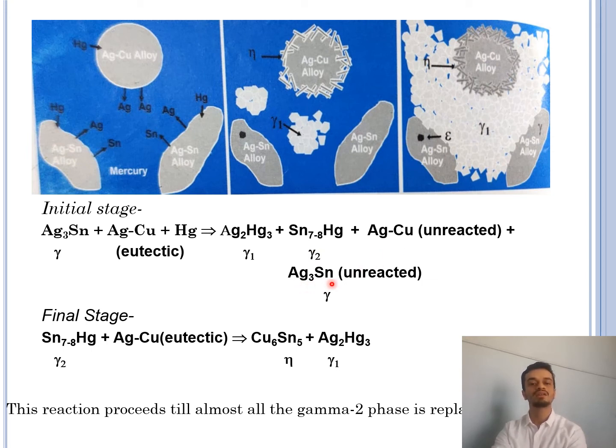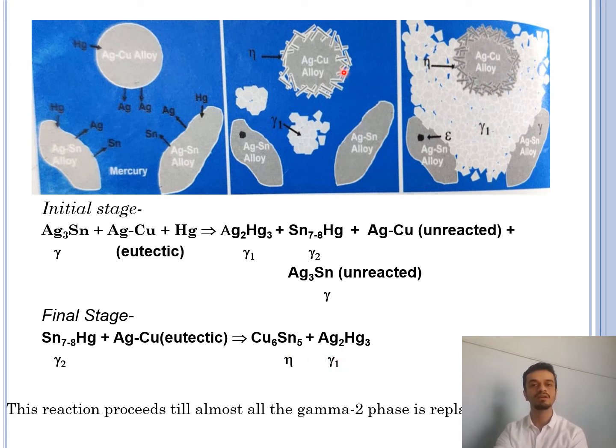Now as the reaction proceeds in the later stages, all these gamma 2 phases are replaced by the copper which is unreacted. So the unreacted silver copper, when it comes in contact with the tin mercury phases, forms crystals of Cu6Sn5 along with gamma 1 phases.